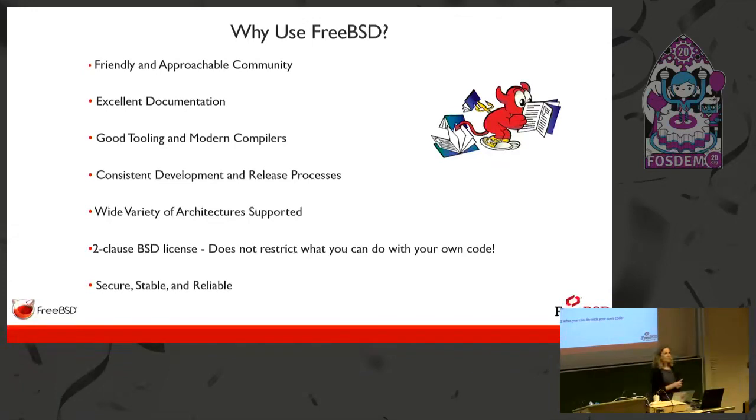I would highly recommend watching Jonathan Looney's talk from FOSDEM last year. It was in the main track, and he talked about how Netflix follows the developer current branch of FreeBSD, and how they successfully do that. It was a really popular and well-received talk.